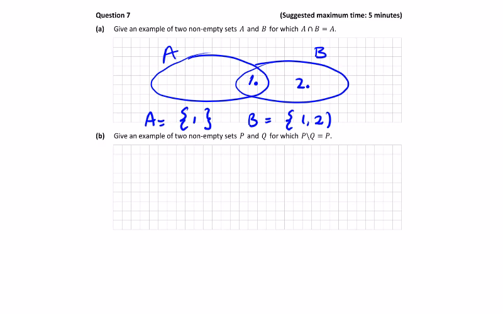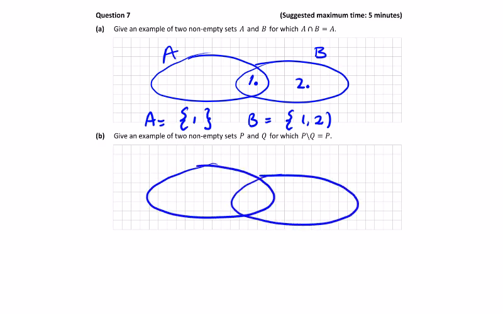And give an example of two non-empty sets, P and Q, for which P less Q is equal to P. Well, let's draw a couple again. P and Q. Do you know your areas? This is P less Q. So we want P less Q to be equal to P. Let's put 1 in here. We can't have anything in the intersection, but we could have a 2 and a 3 in here.